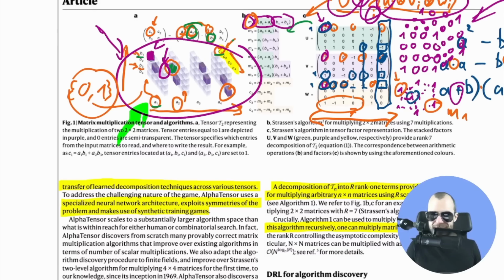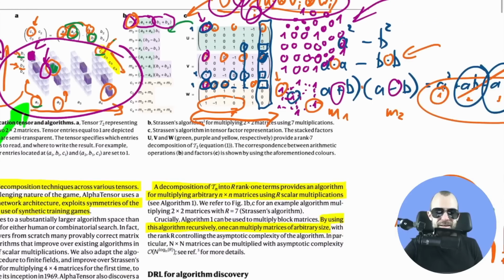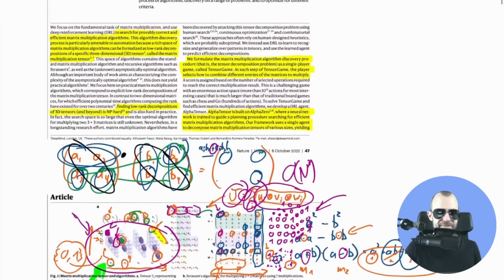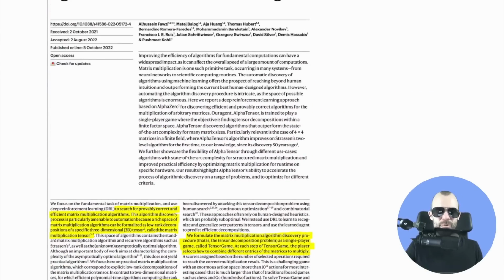And if you get good at the game, you can find good decompositions which correspond to algorithms to multiply two matrices. If you take very few steps in doing so, that means every step corresponds to one multiplication in the resulting algorithm. So if you're very good at it, your algorithms will have very few steps, and therefore our hardware will be able to compute it more quickly because it has to do less of the expensive operation that is multiplication.